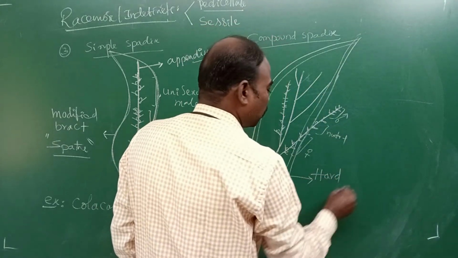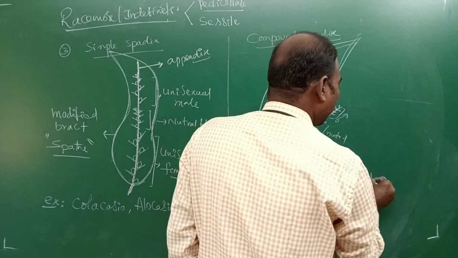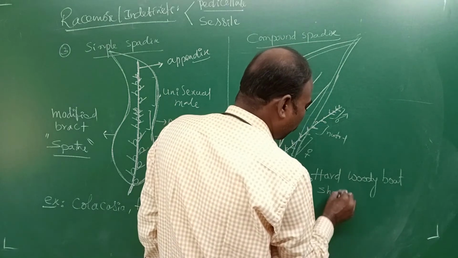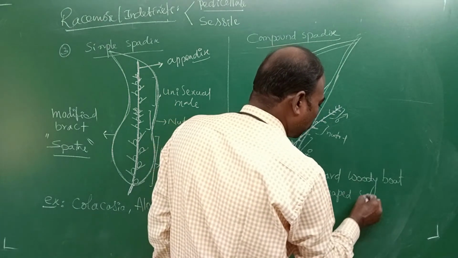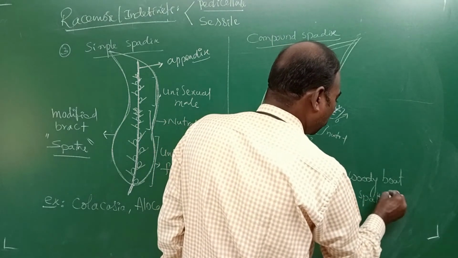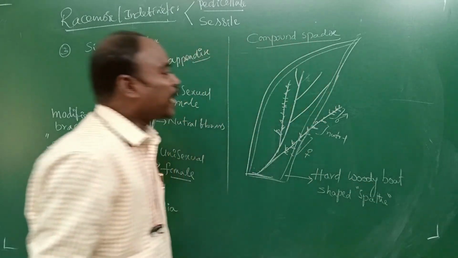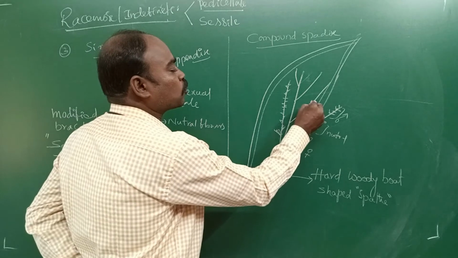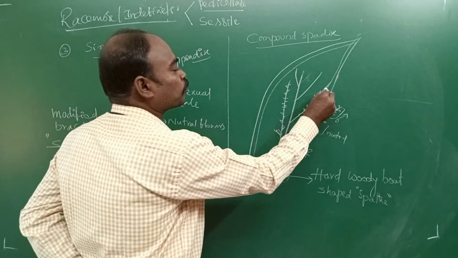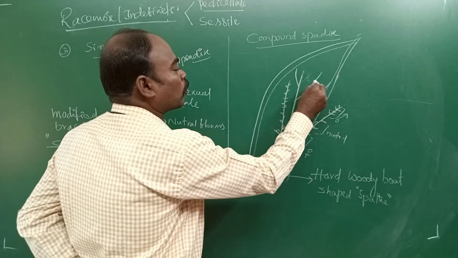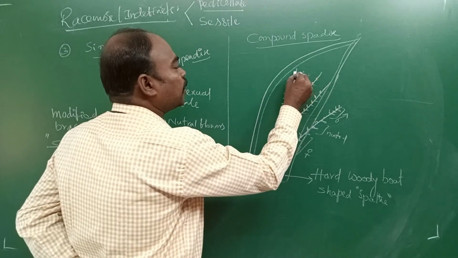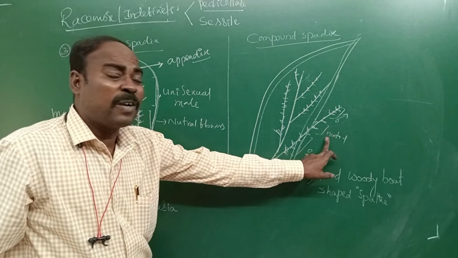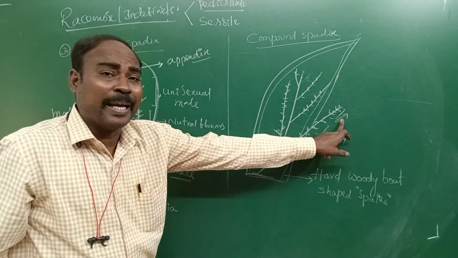A hard, woody, boat-shaped spathe is formed which covers the total inflorescence. So, sessile unisexual flowers: female flowers at the base, neutral flowers in the middle, male flowers at the tips.